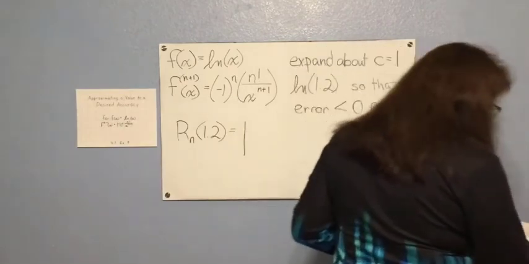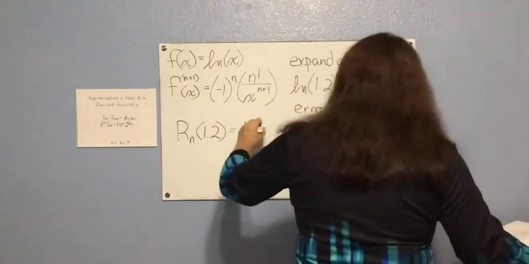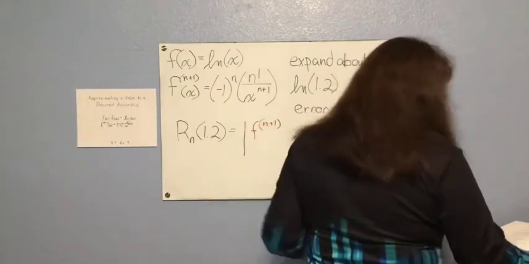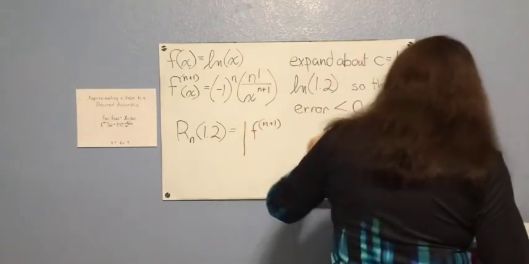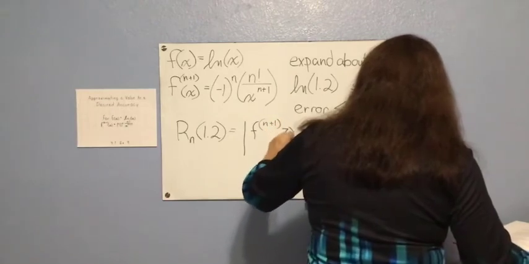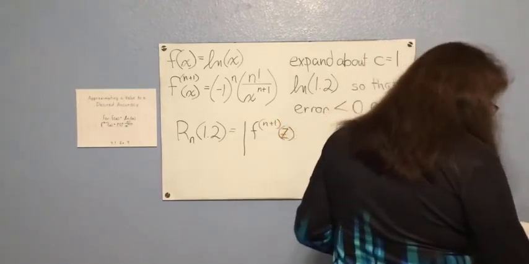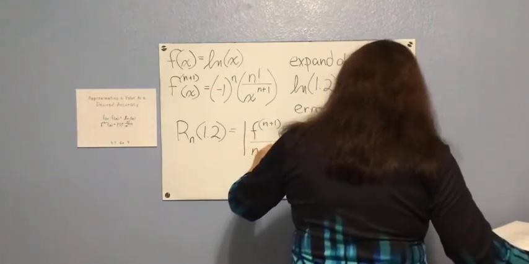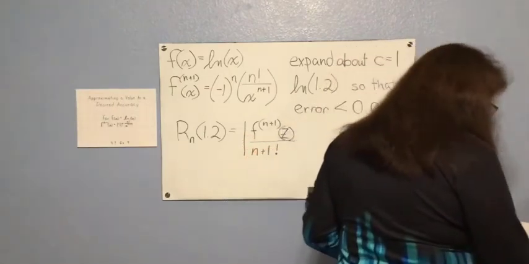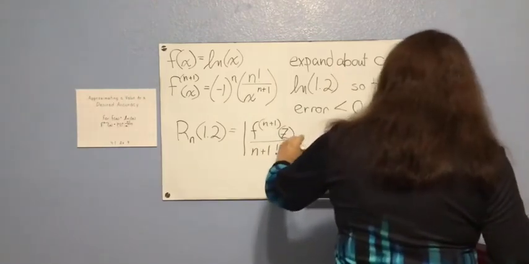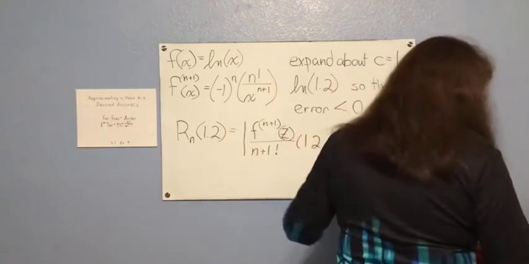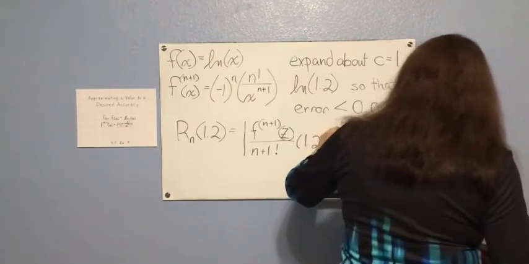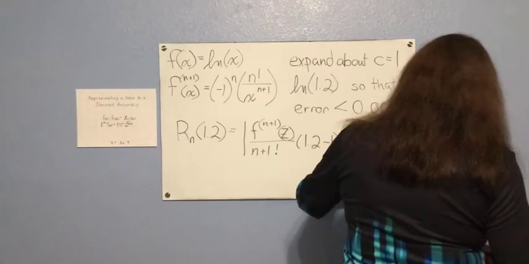Absolute value, the n plus 1th derivative of f of z over n plus 1 factorial times 1.2 minus 1 to the n plus 1.